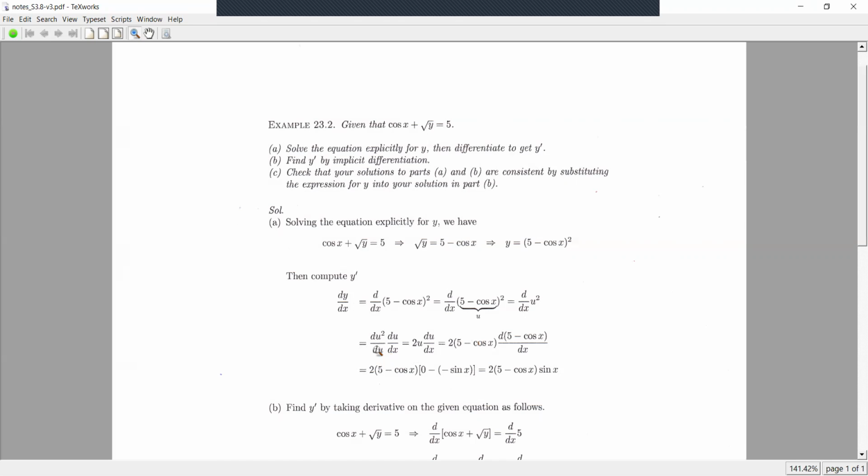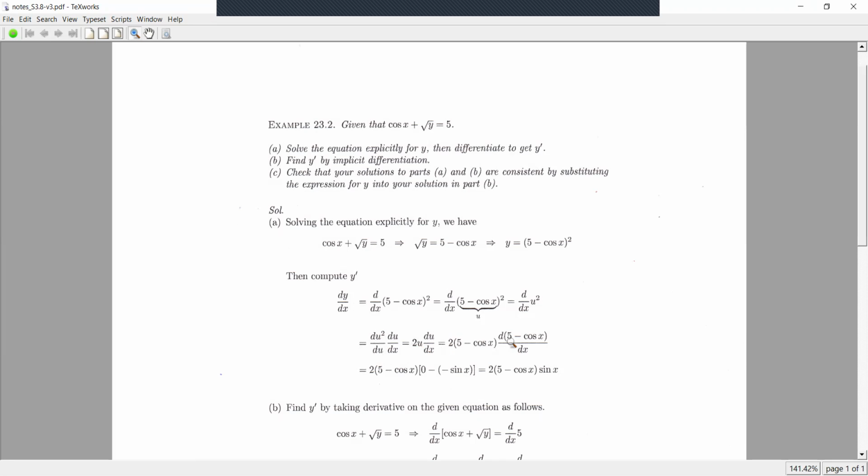Insert du in the denominator and du in the numerator. Then this derivative is equal to this derivative times this derivative. Derivative of u squared with respect to u is 2u. Now remove u. Plug in 5 minus cosine for u. Then we have this equation.